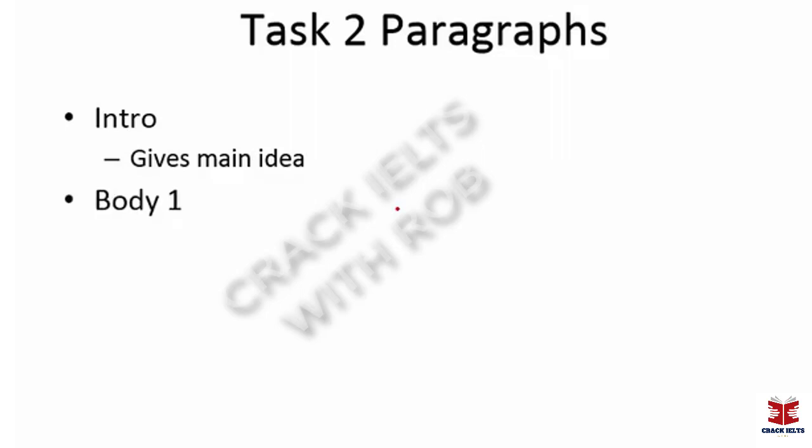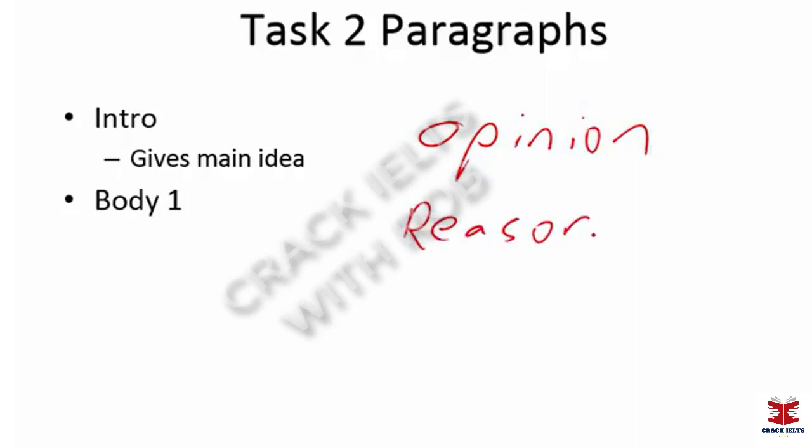Then you're going to support that main idea, and this is where we get the really interesting stuff. This is where you get to explain yourself, right? So if your intro is the place for your opinion, then your next paragraph is going to be organized around a reason, all right? A main reason why you have this opinion.